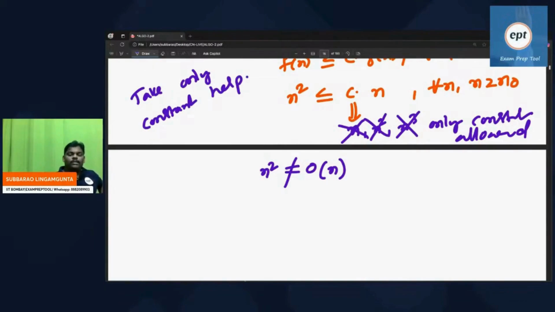Take only constant help. n square is big O of n is wrong. It is impossible.